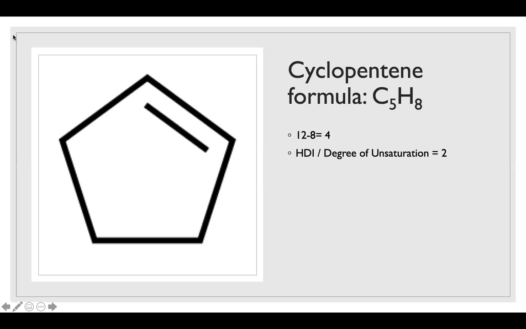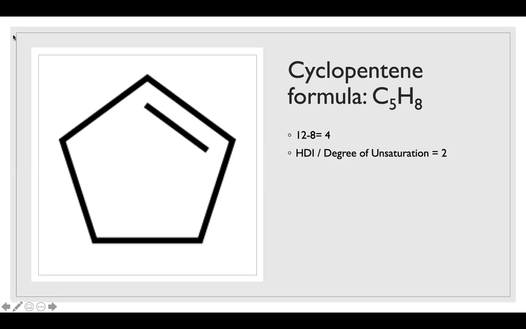Furthermore, if we look at cyclopentene, the formula is C5H8. We have a ring and we have a double bond in this structure. So if we know that pentane needs 12 hydrogen to be completely saturated, and we know that we only have 8 present, we can take the amount needed for full saturation, subtract what is present, and that'll give us 4.